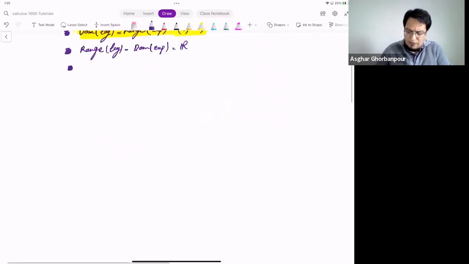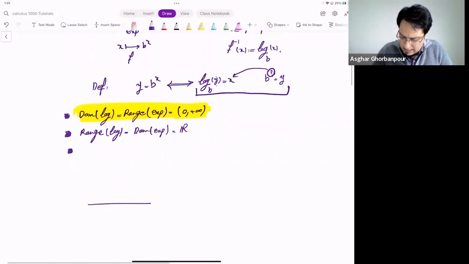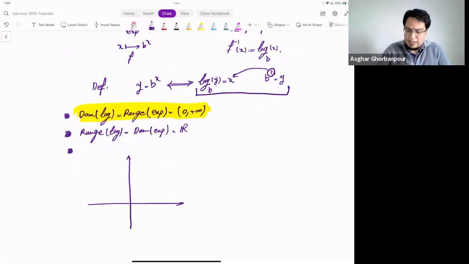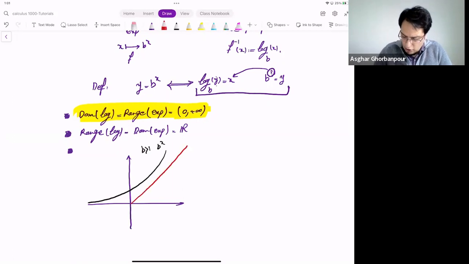How about the graph of the function? Well, you know that we get it by finding the reflection of the exponential function. So let me just draw this guy as the exponential function. So this is b to the power x. I'm assuming here b is bigger than 1. Then the ln function or log function base b will be the reflection of this guy with respect to this y equal to x line.